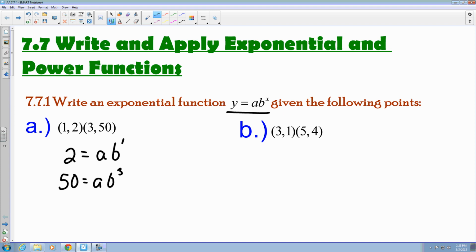This is very similar to using the substitution method in systems of linear equations when we learned in intermediate algebra. What we're going to do here is solve for a in that first equation. So if I solve for a, I divide both sides by b, which gives me a equals 2 divided by b.